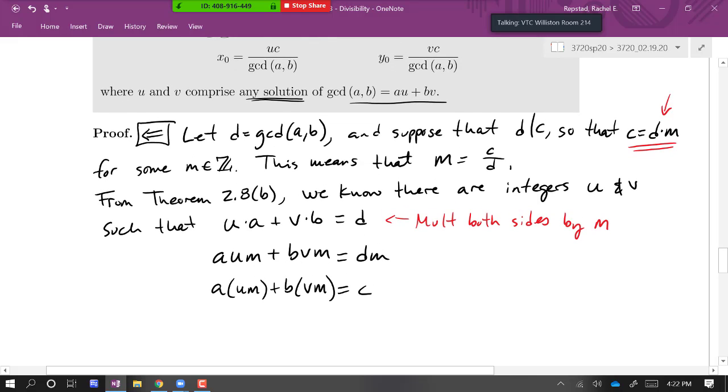We basically have the result that we want. M is an integer, U and V are integers, so UM is an integer and VM is an integer. There's our integer solution. So here, X is equal to UM and Y is equal to VM.